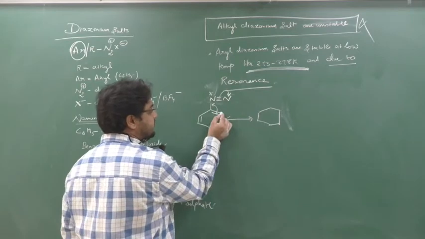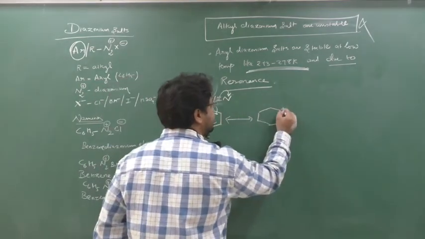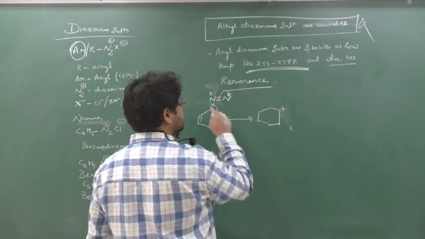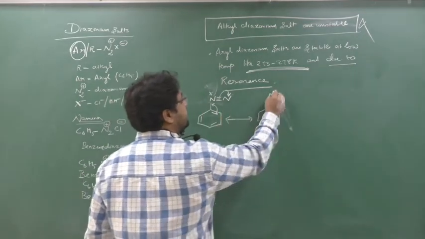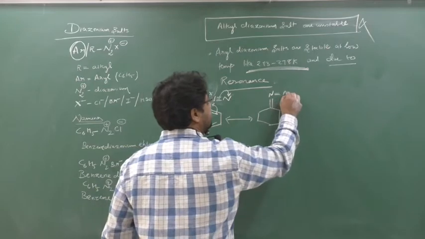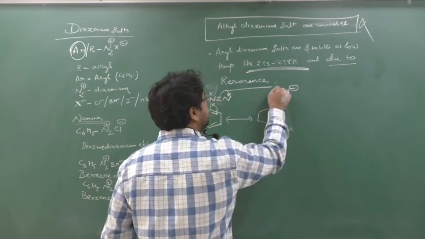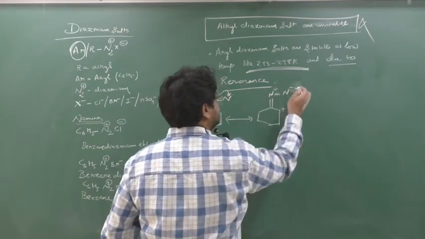So this carbon is giving this bond, so positive charge will come here. Now here the bond will not come, so this bond is shifting here, so here a double bond. Here N, triple bond and double bond. Now he has taken the electron, means minus here, and given the electron means plus here. This is the first structure.